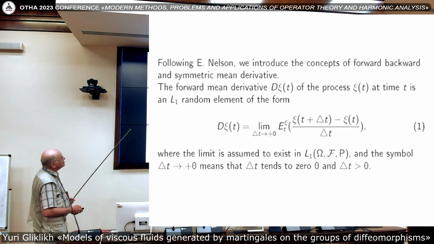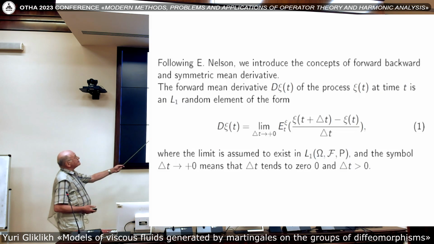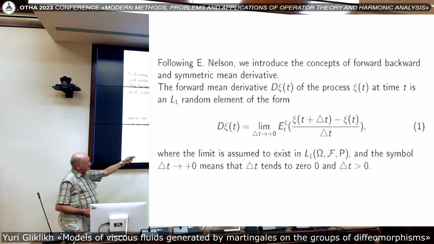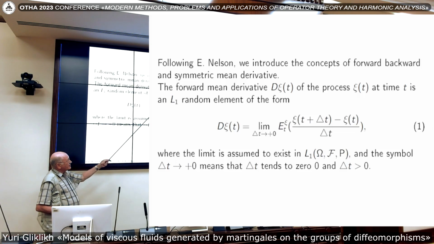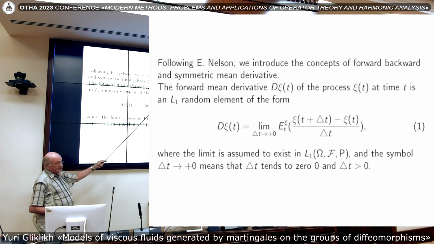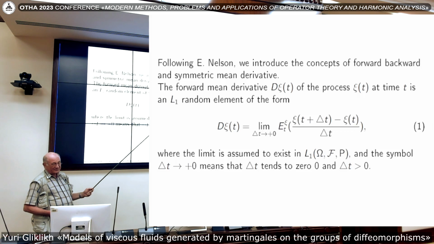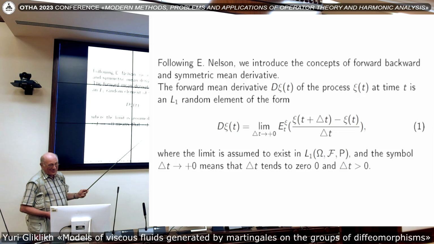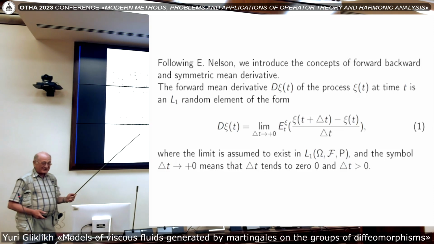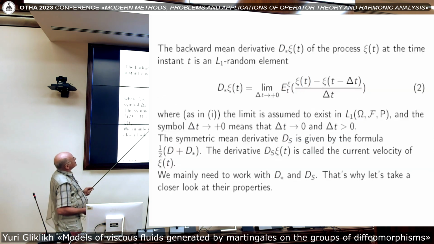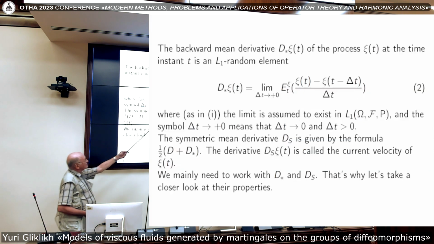And this is the definition of the forward mean derivative. You see, it's an ordinary derivative, but here is a conditional expectation with respect to the present sigma algebra. The letter N means not present but now, because the past has the same initial letter. Now this is the backward mean derivative.